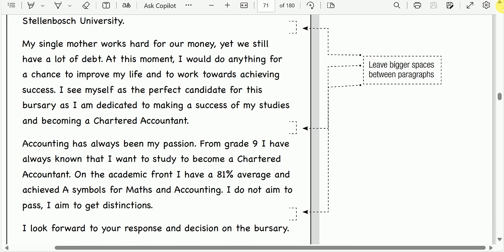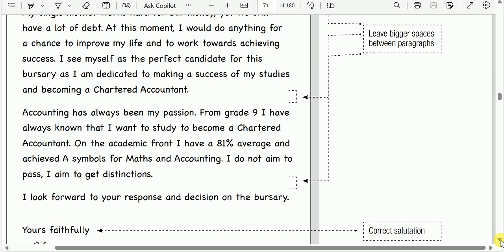I do not aim to pass. I aim to get distinctions, right? A very beautiful, straightforward, to the point letter. It states only the important aspects that are related to the purpose of the letter, which is to seek a bursary.